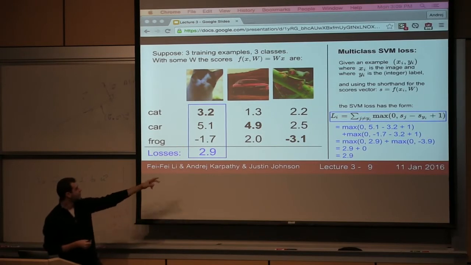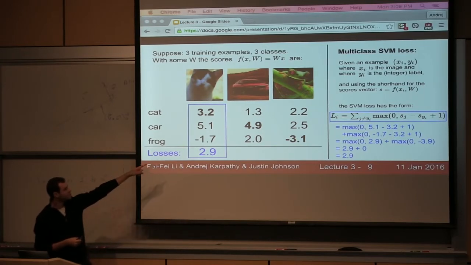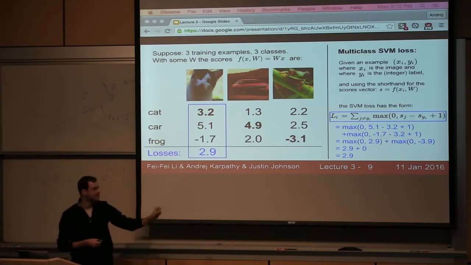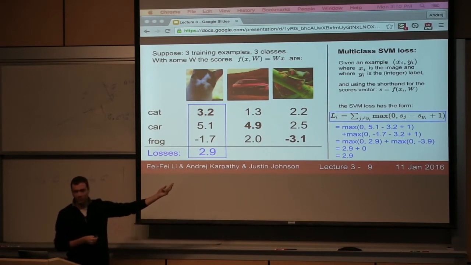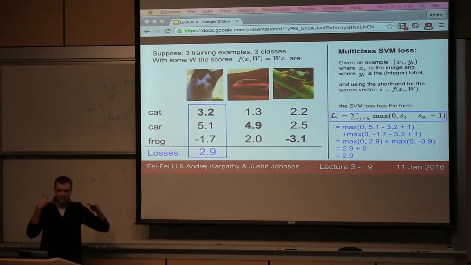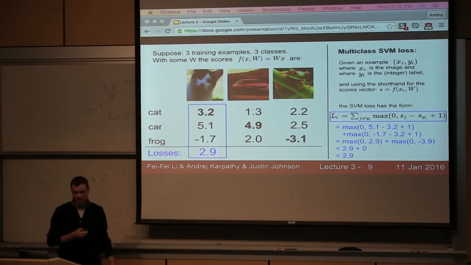And in the other case, in the frog case, you can see that the frog score was quite a bit lower, below 2.2. And so the way that works out in the math is that you end up getting a negative number when you compare the scores, and then the max of 0 clamps it at 0, so you get a 0 loss contribution for that particular part, and you end up with a loss of 2.9.